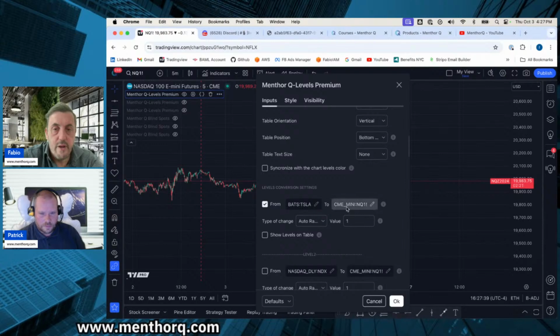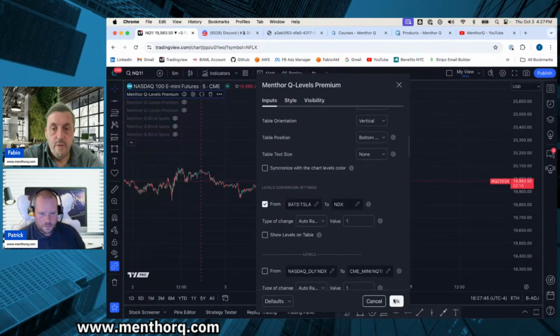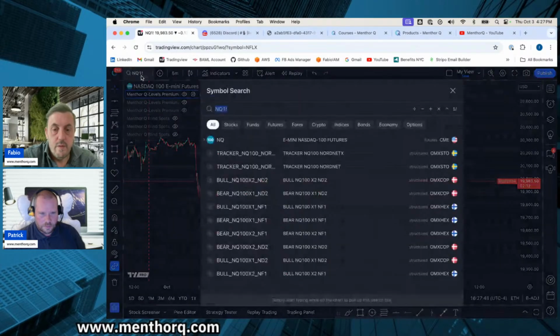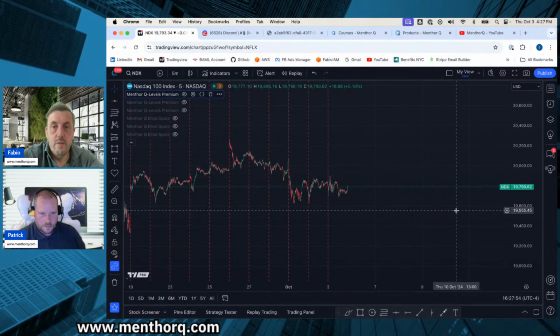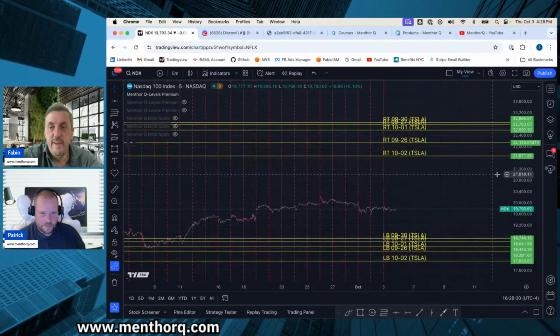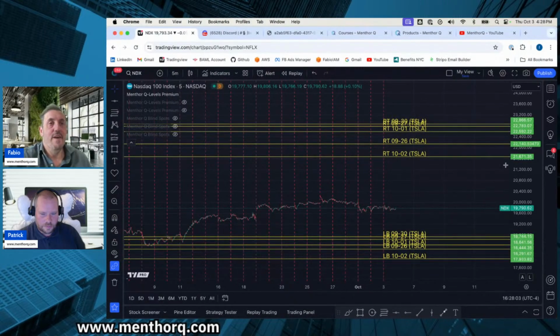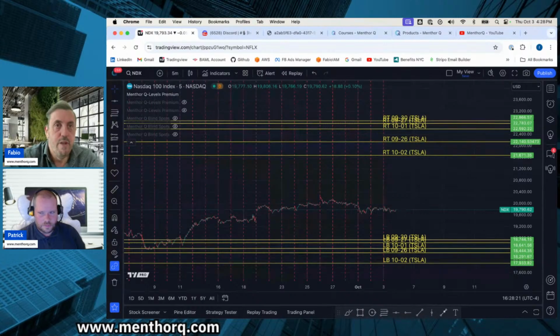Sorry, let's do NDX. Maybe you have to refresh the TradingView. Okay, sorry, they were hidden. So here you have the levels plotted from Tesla converted to the asset that you had here. So very easy to do. You can do it on any asset, any ticker that TradingView supports. So it's very, very flexible. I think the indicator really allows you to do that.